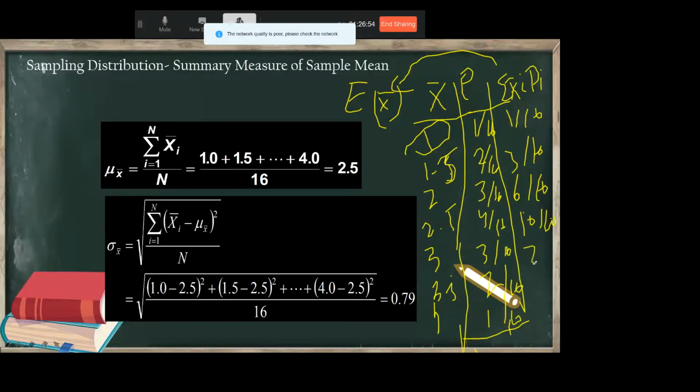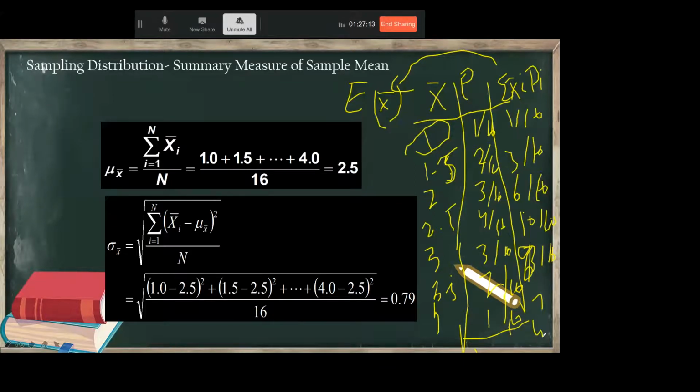Then 3 by 16 terms continue: 9 by 16, 9 by 16, 7 by 16, and 4 by 16. You can add these up and you get 2.5, right?